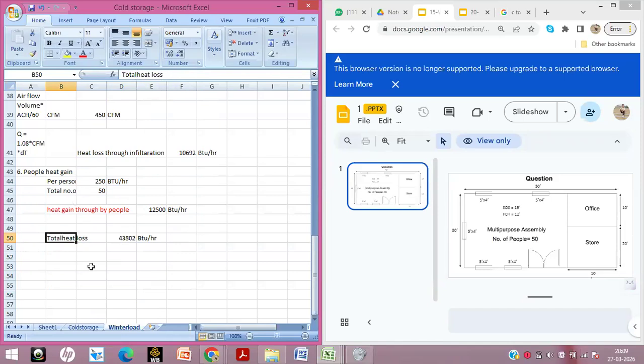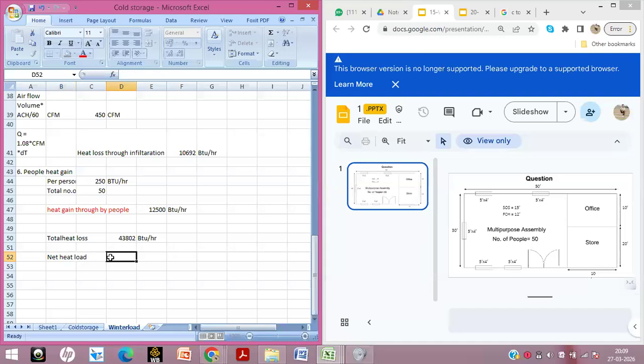Now we need to calculate the net heat load for which the air handling unit needs to be designed. So next is net heat load.